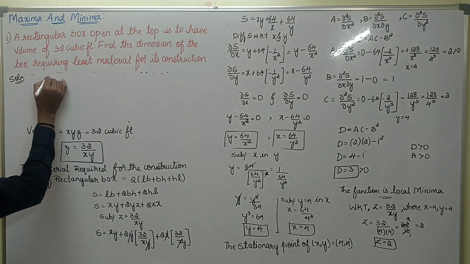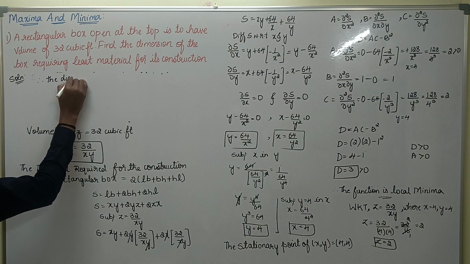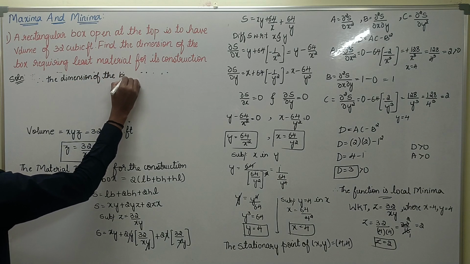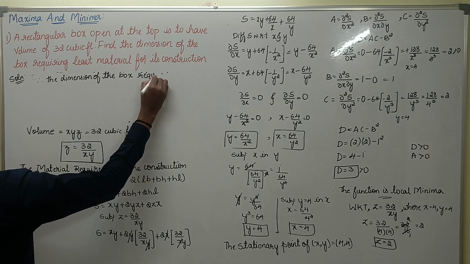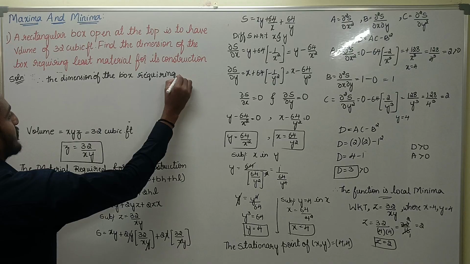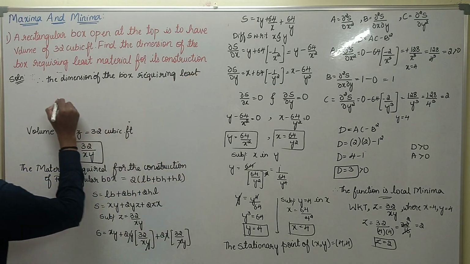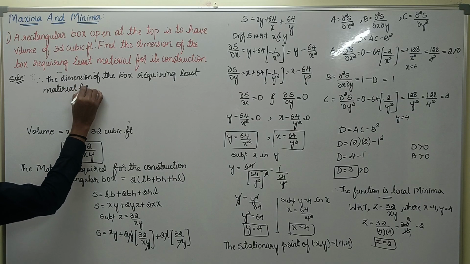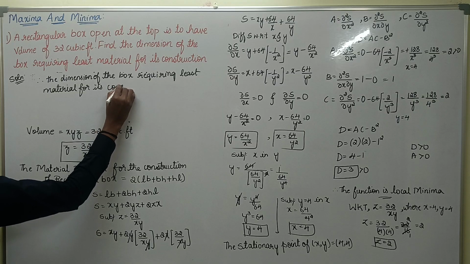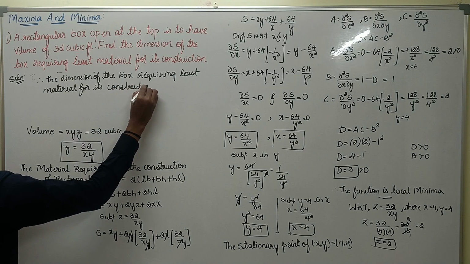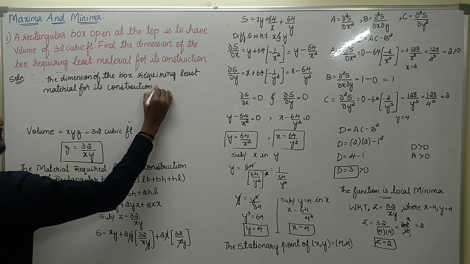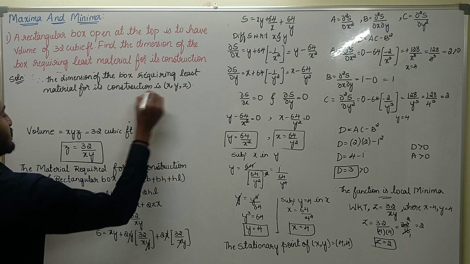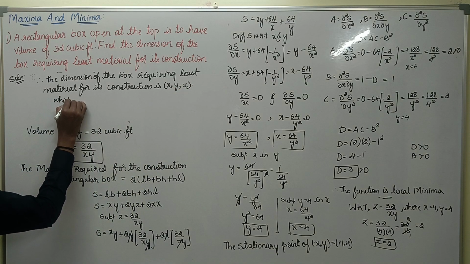Therefore, the dimensions of the box requiring least material for its construction are x, y, z.